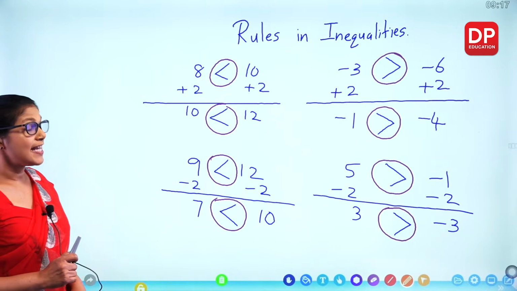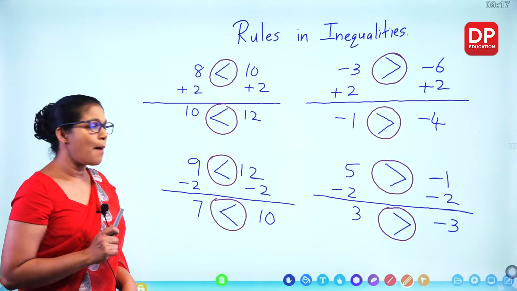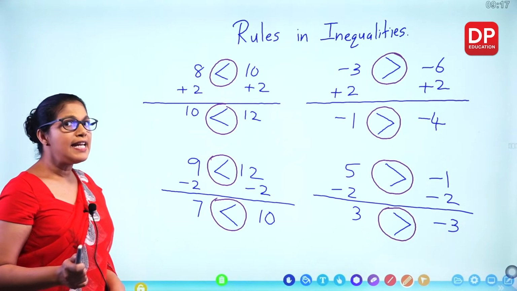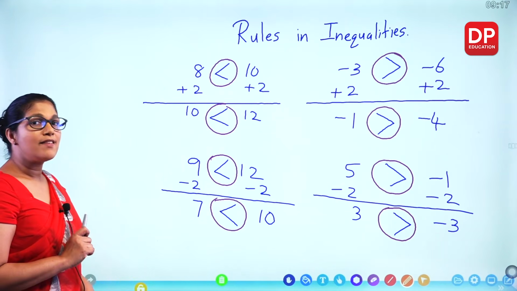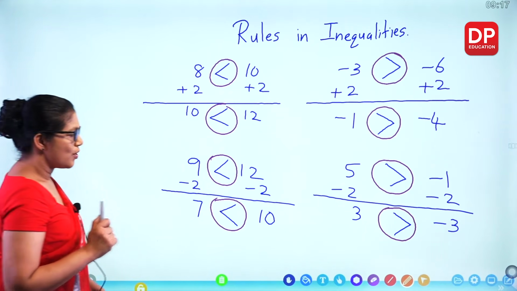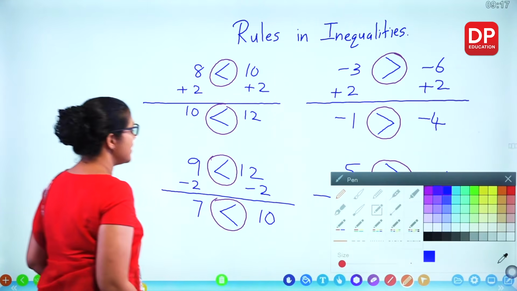So what we can see, when you are adding or subtracting a number to any inequality, the sign is not changing. So here, that's the first rule you need to learn.